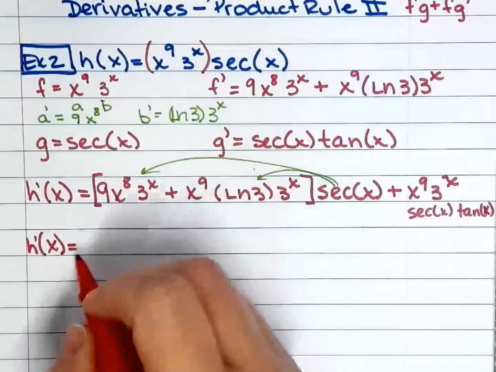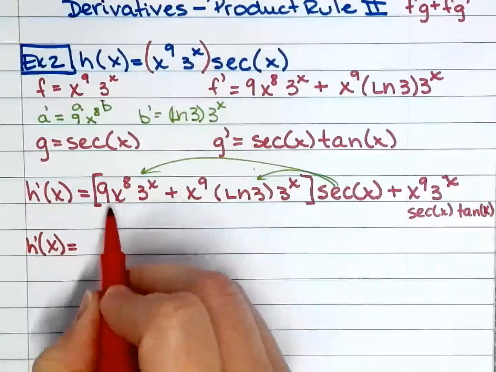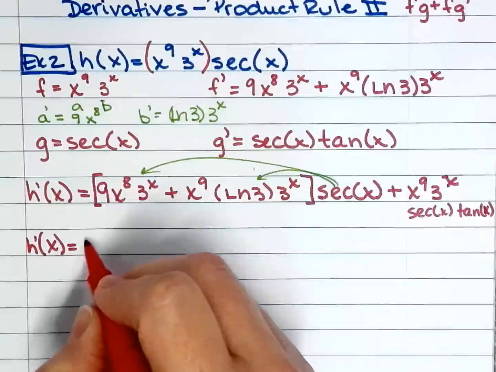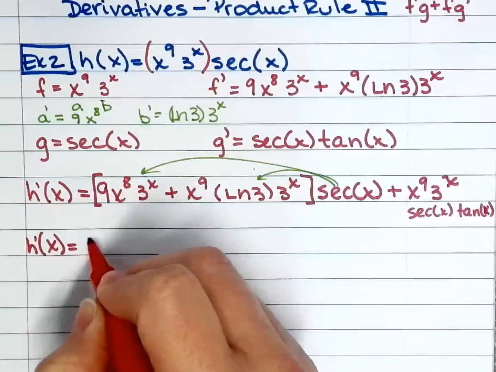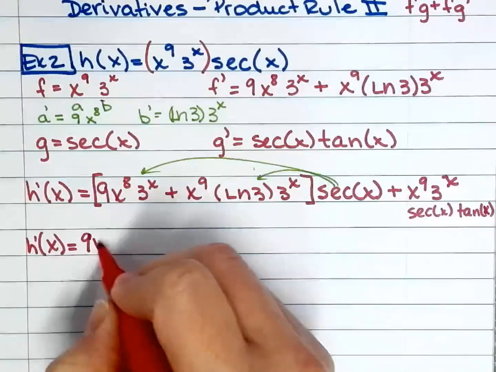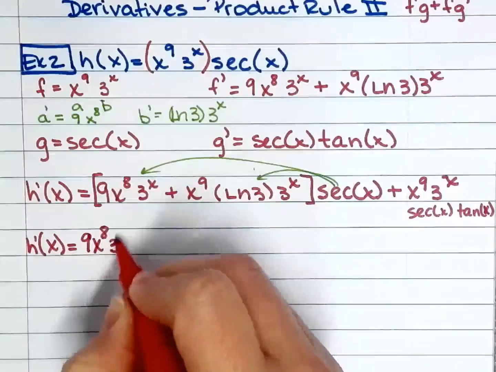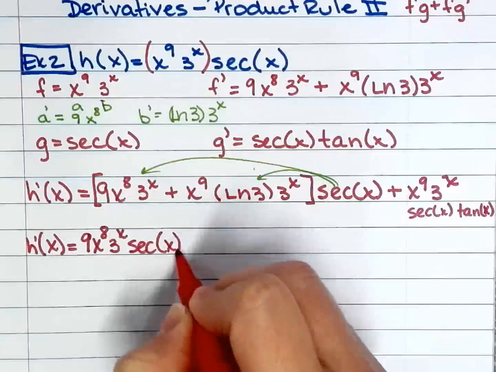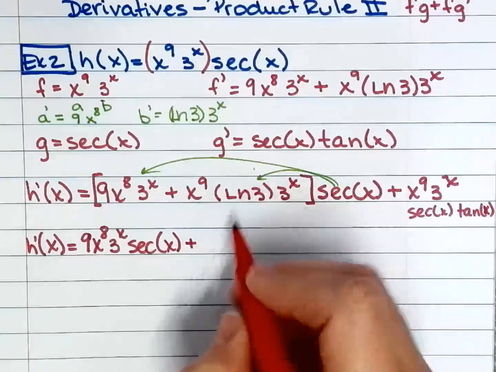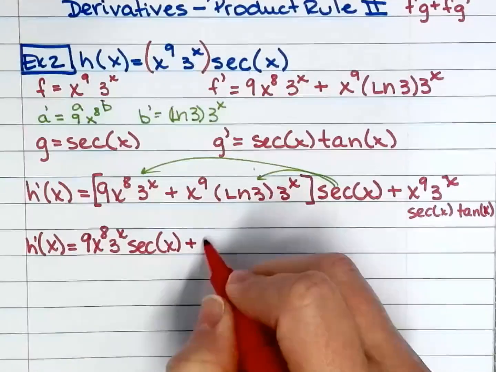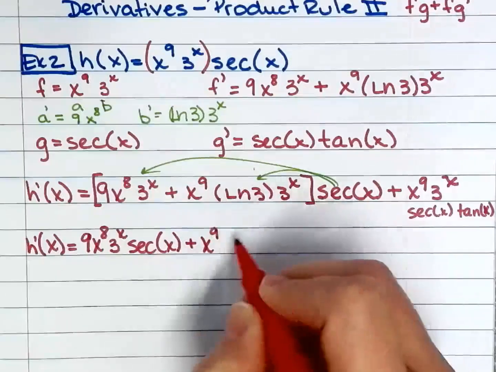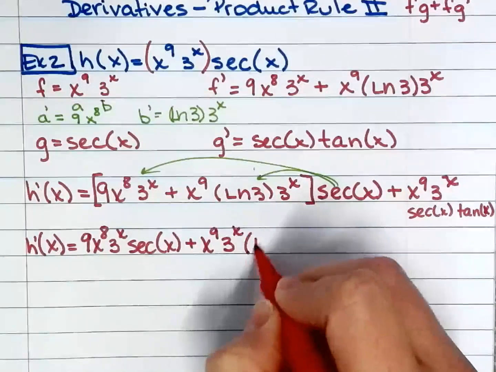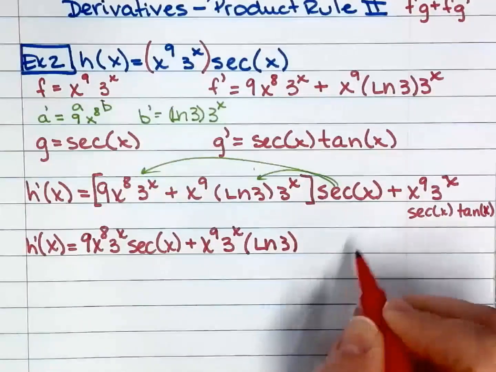Okay. So secant of x times this guy right here, I have 9x to the 8th, 3 to the x, secant of x, plus x to the 9th power, 3 to the x power, natural log of 3.